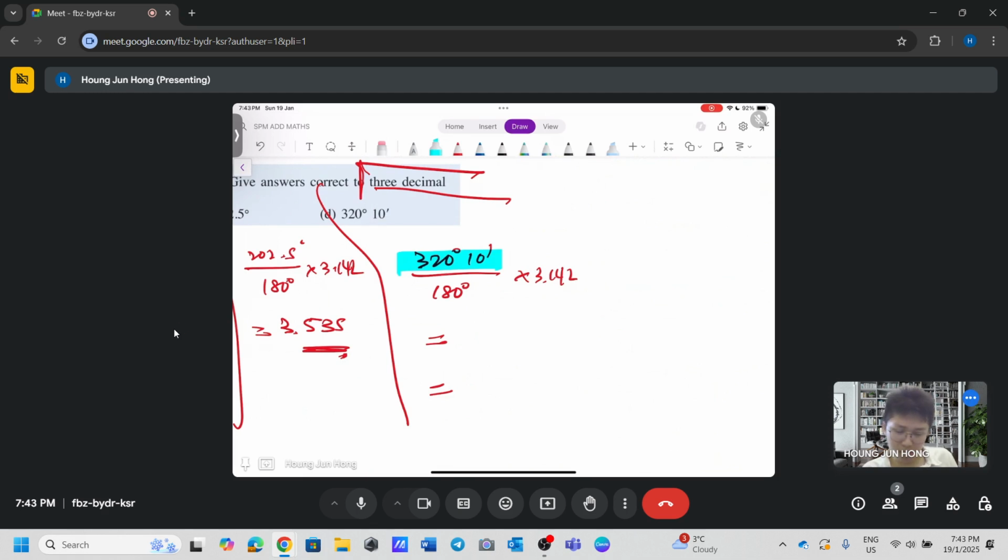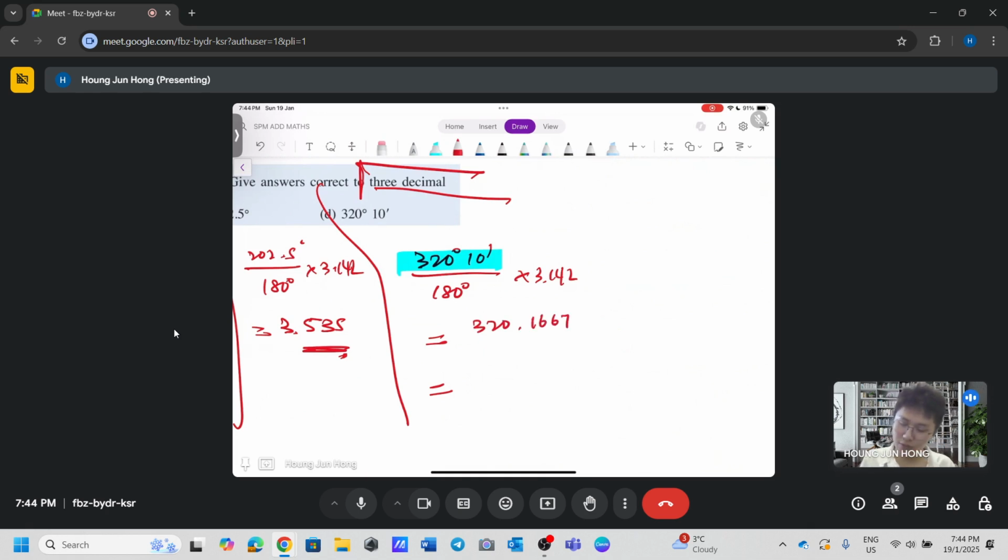I think it doesn't matter actually, but what is this part? It's okay. It's new to me also, but like I said, let's just try to convert this. You see, this is actually 320, and then 10 minutes.